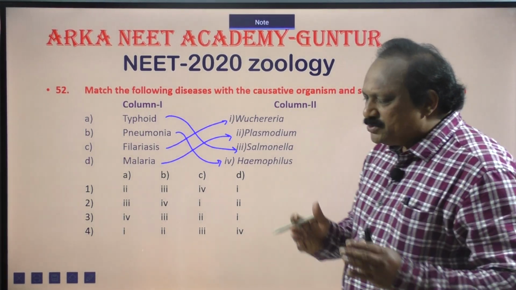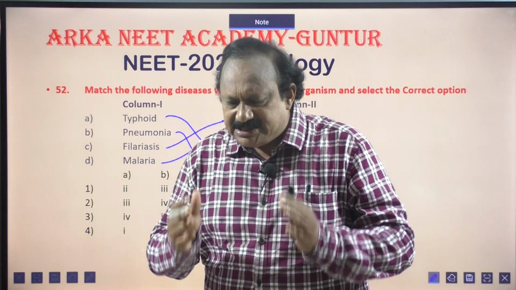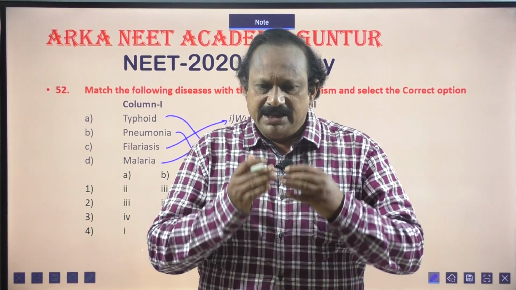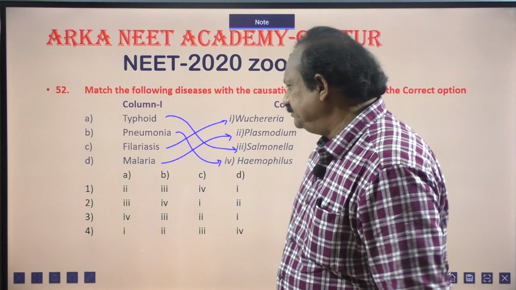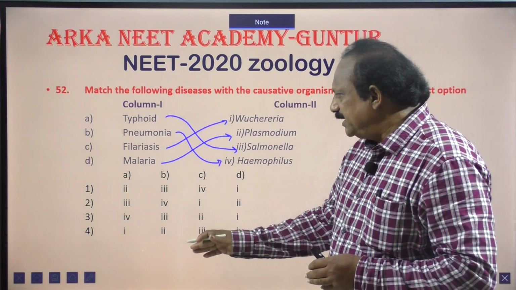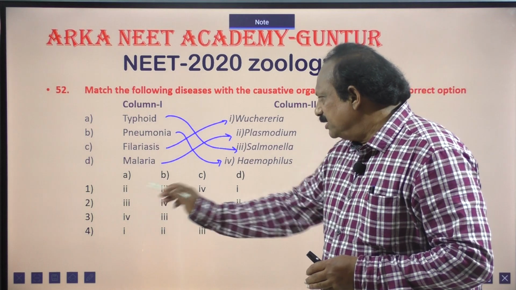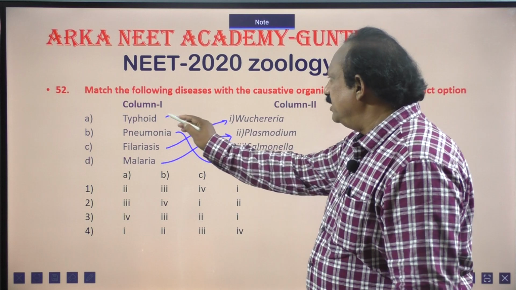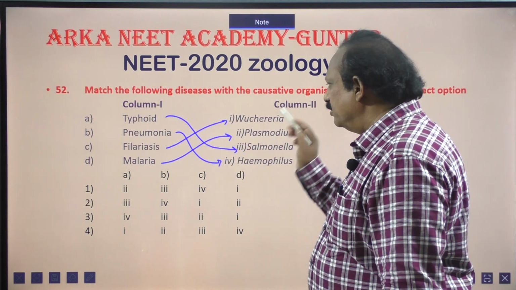The matching type question is always given in favor of the students. Moreover, this time the options in the matching are completely unrelated. For example, look at this one. Here, if you know one option, then it's enough. For example, typhoid, Salmonella.